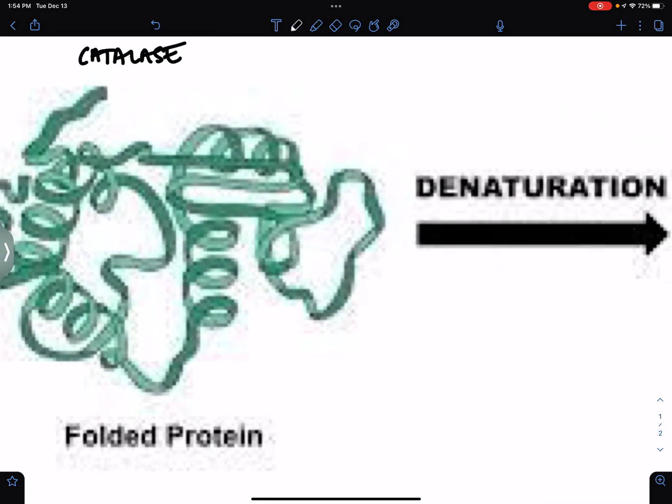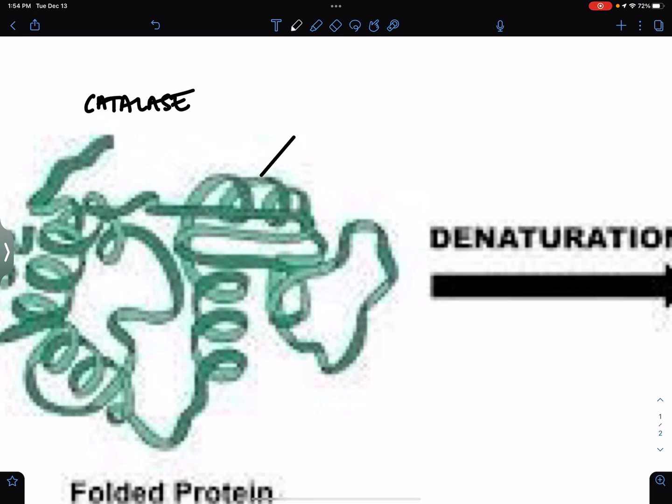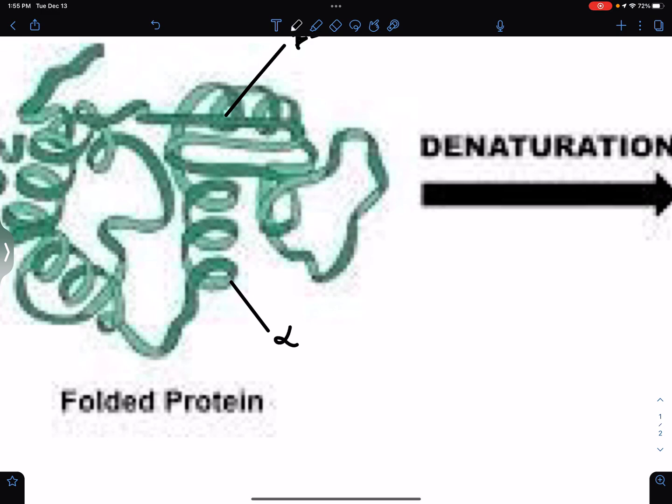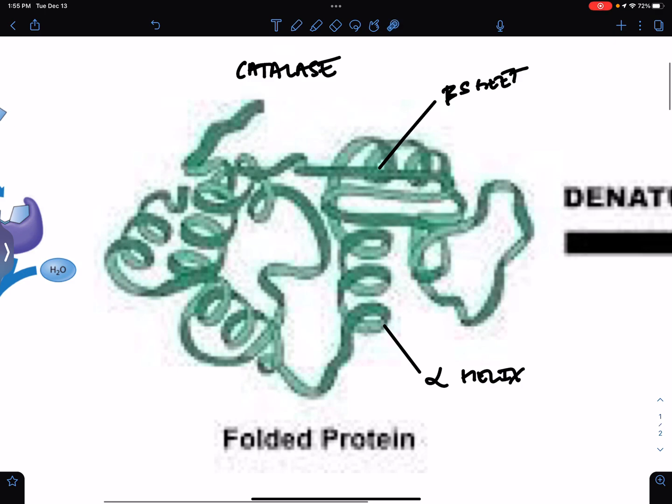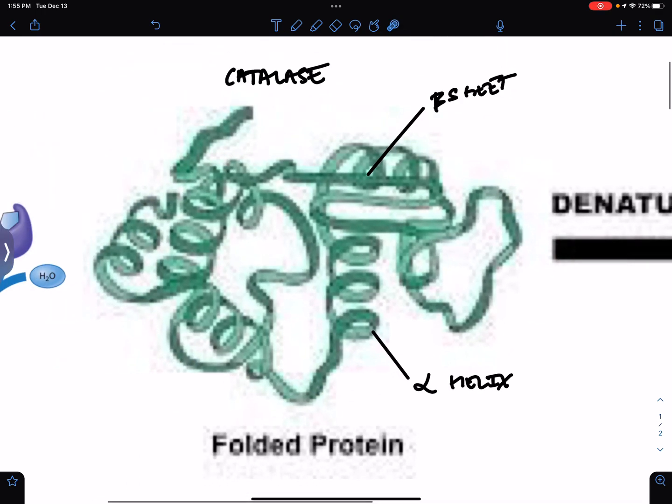Well, you know that this complex structure here is a beta sheet, and this is an alpha helix. We know that this is a tertiary structure protein because it's composed of one subunit, but it's got these multiple interactions holding it in place.